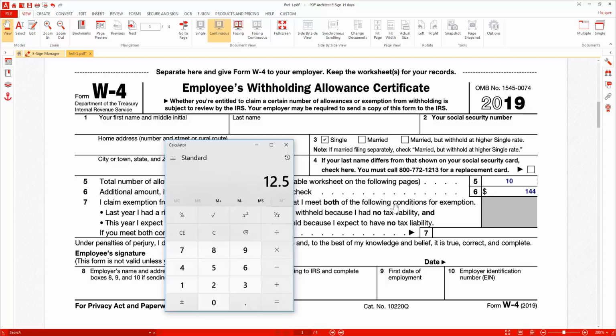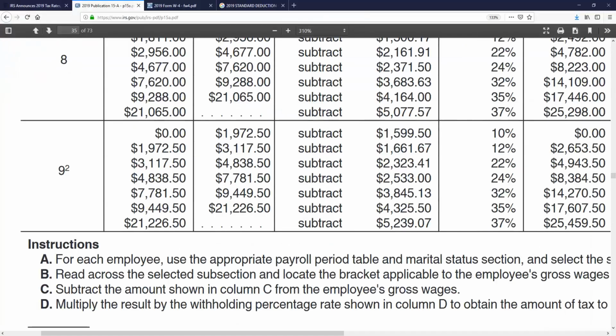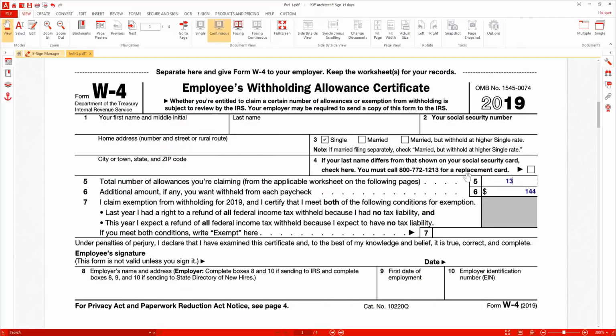That gives you 12.5, and you put 13 rather, on line 5. Her paycheck won't qualify for withholdings, and you'll just have that 144 come out. Now, what this does for you is it makes sure that at the end of the year, you don't owe the IRS and the IRS does not owe you.